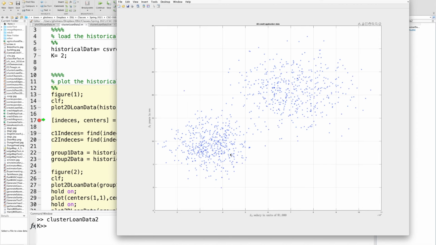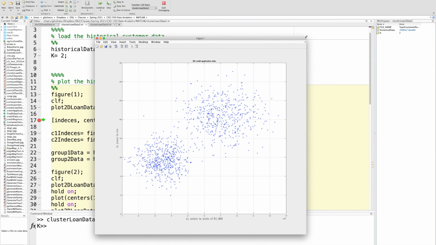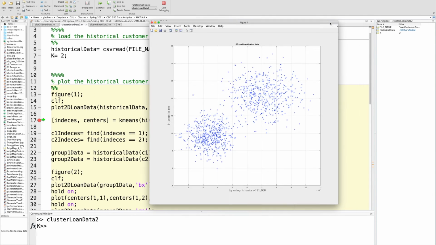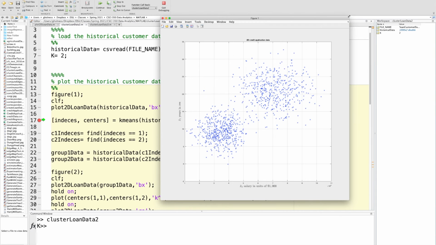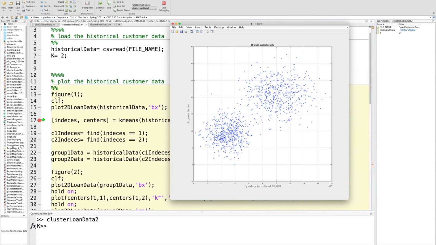Each one of these points represents a customer for a fictitious financial institution, and what we're setting out to do is cluster them. So that's my original figure for all of the data points. Then we're going to run our cluster analysis on it to take a look at the natural groupings if we were to put these in two groups using Lloyd's algorithm based on proximity to a center.